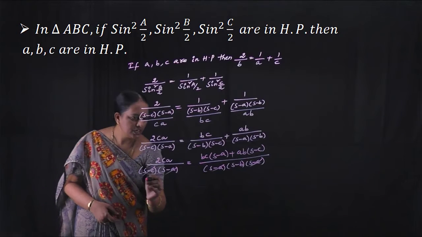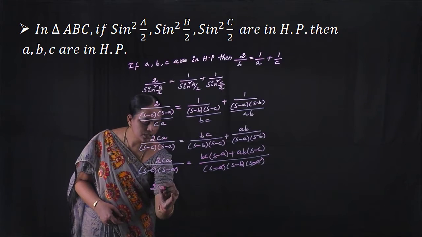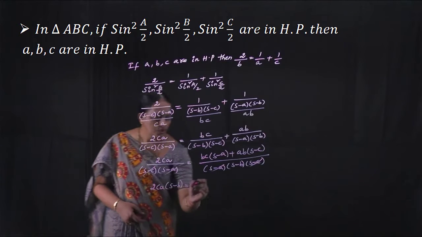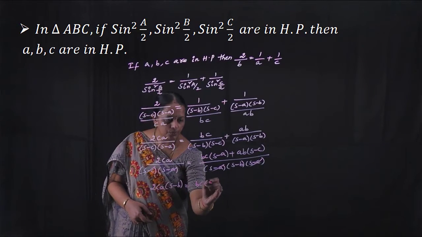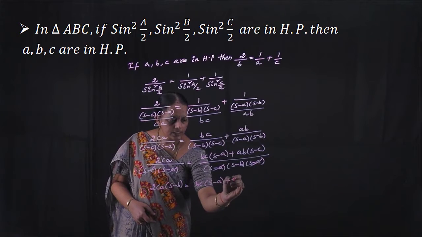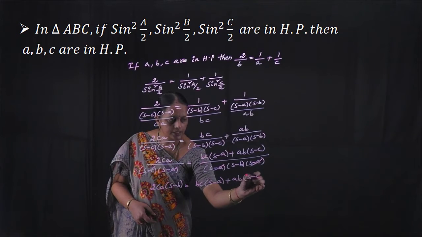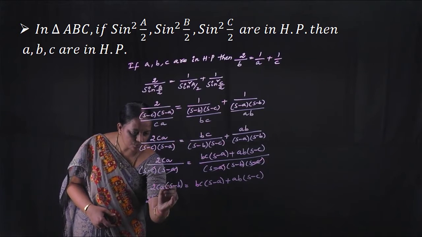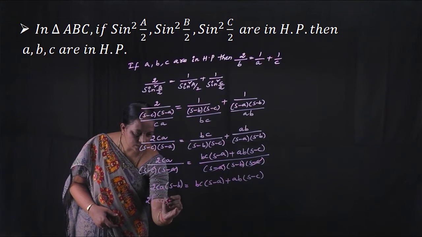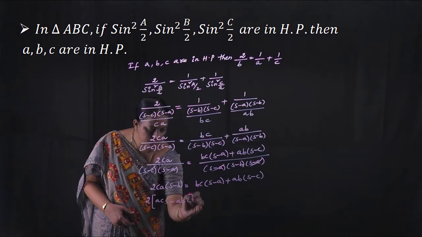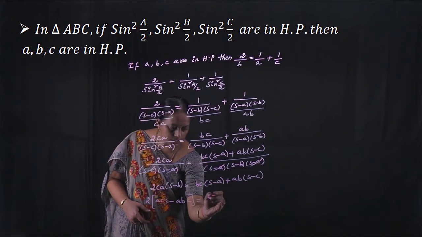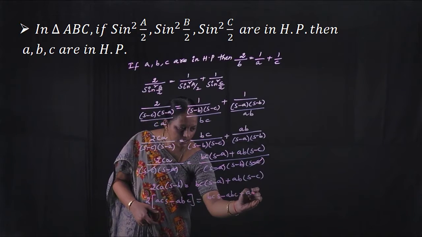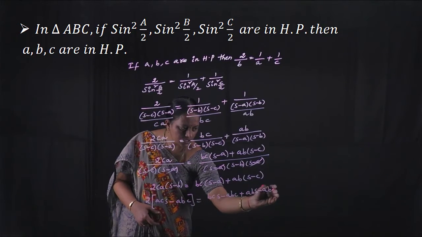From this we can write 2CA into (S minus B) is equal to BC into (S minus A) plus AB into (S minus C). By multiplying we get 2ACS minus 2ABC equal to BCS minus ABC plus ABS minus ABC.